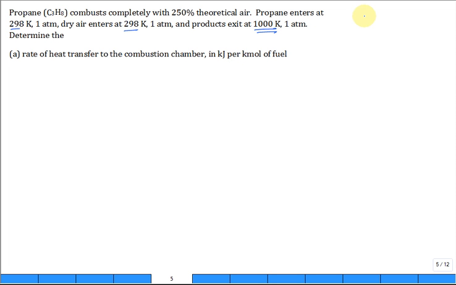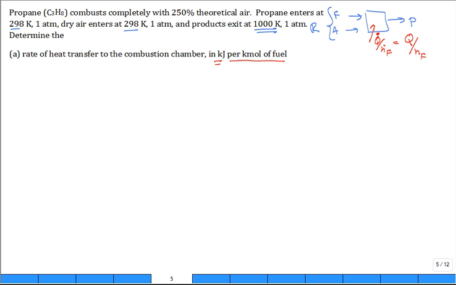So our little combustion chamber, our fuel, our air, those are all our reactants coming out with our products. And we're interested in calculating this Q dot into the combustion chamber, and it's per kilomole of fuel, kilojoules per kilomole of fuel. So it's Q dot over N dot F or Q over NF. Either way, that's what we're asked to solve for.